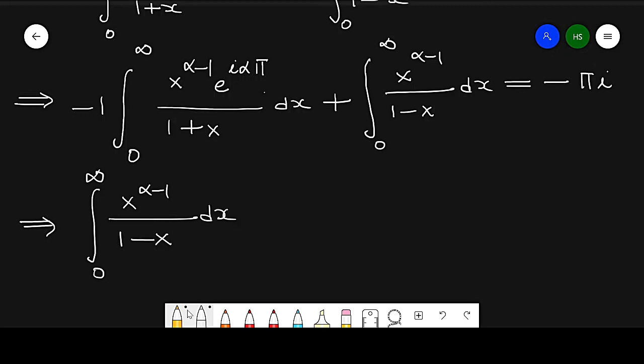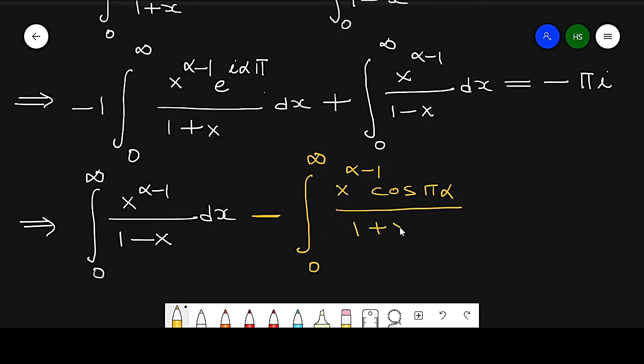Then from this, which is a minus, this value is equal to minus integral 0 to infinity, cos alpha pi plus iota sin alpha pi, x raised to power alpha minus 1 cos of pi alpha over 1 plus x into dx, right?